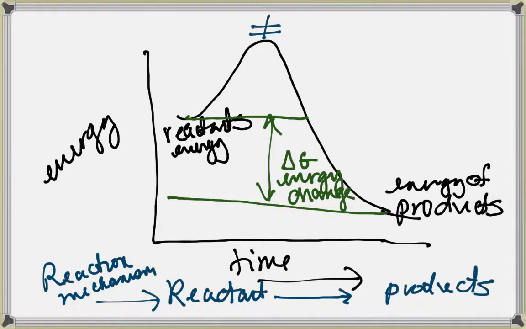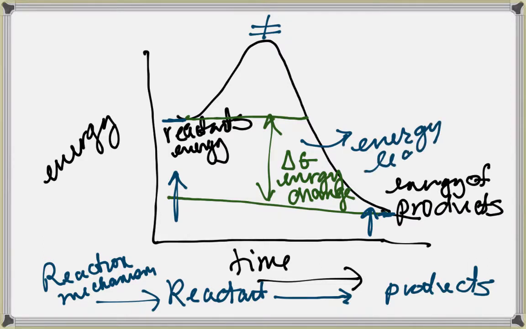Right? So this is the reactants here. This is the products here. Okay? And essentially, this is how much energy is up here, and this is how much energy is here. So delta G is the amount of energy essentially change. So what's going to happen here, energy is going to leave or be released because we have enough of it.